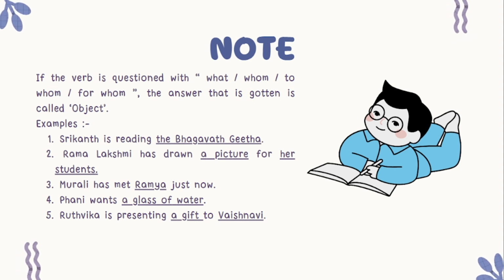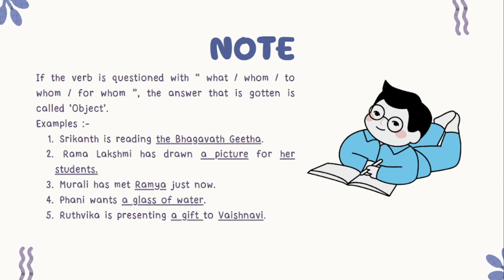A gift is an object. Then use another question word. To whom? To whom is presenting? Answer is Vaishnavi. In this sentence, two objects are there. One, a gift. Second one, Vaishnavi. Do you understand how to find out objects?